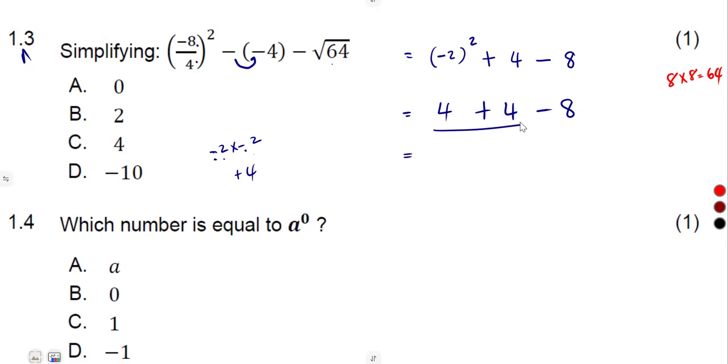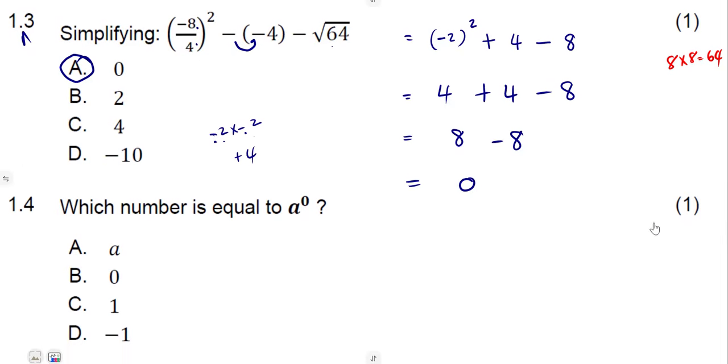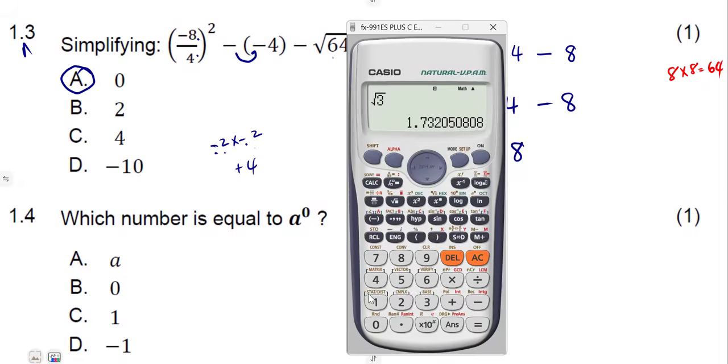That's 4 plus 4, which is 8, minus 8. And 8 minus 8, that's a 0. So this is the best answer that you're going to have, which is on A. Or like I said, you can verify this on your calculator. Minus 8 over 4 as it is here. All right. We square this.